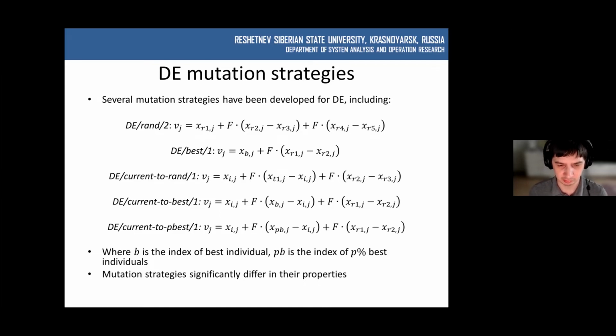You search along this line. Current to best, you search along the line between the current solution and the best solution. And current to p best is actually, you can converge to any of the p% best solutions, which is actually one of the best strategies. I mean, current to p best.